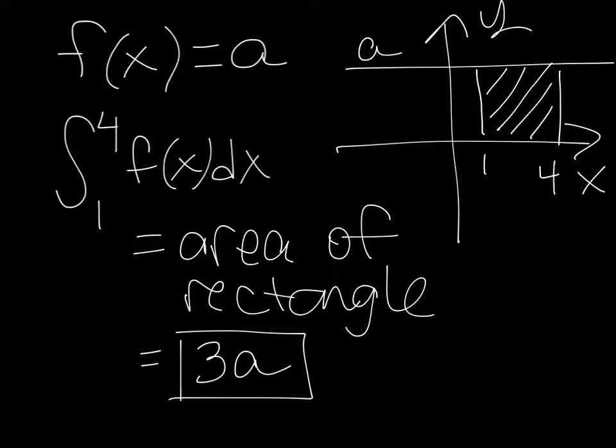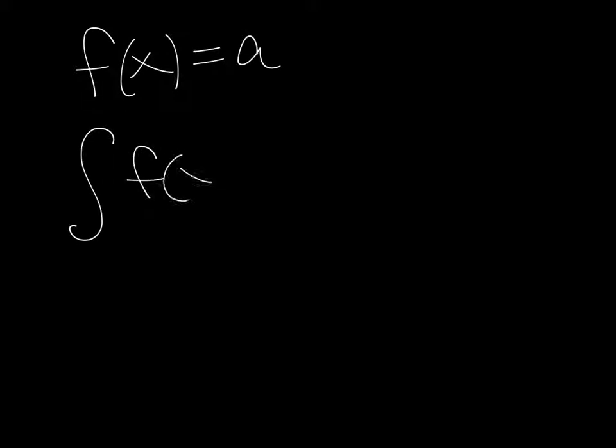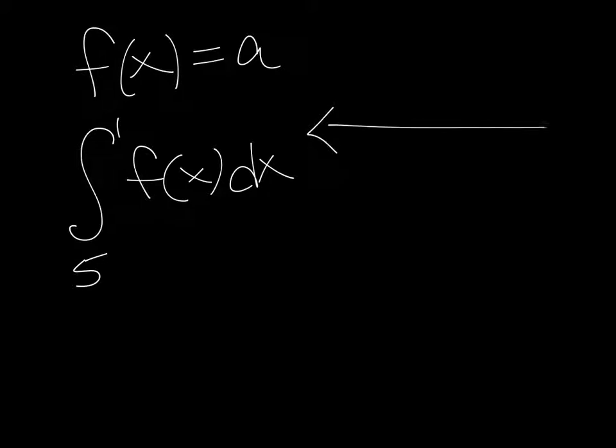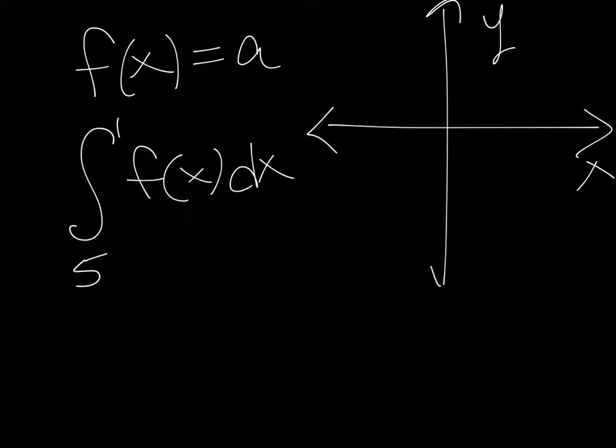Now suppose we have the same function, f of x is equal to a, and we want to find the integral of f of x dx, but this time the limits of integration go from 5 to 1. If you look on the number line or on our graph, x, y, height of a, 1, 5.